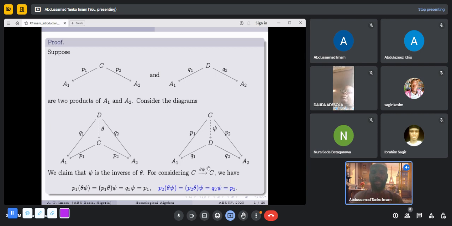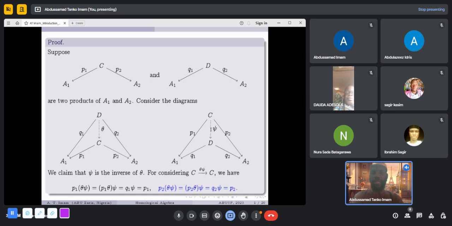If you consider the composite where you apply psi first and then theta, the composite is from C to C. Now this composite should be an identity morphism on C. Take P1 after theta after psi.